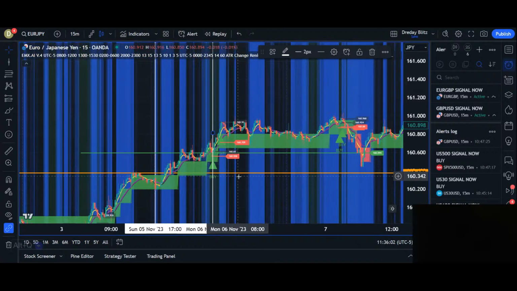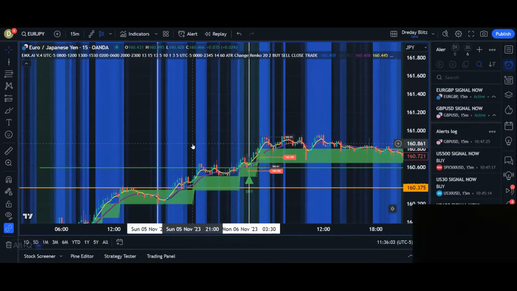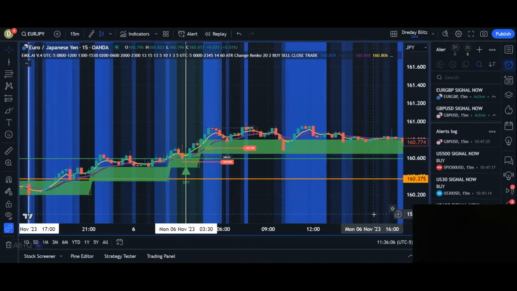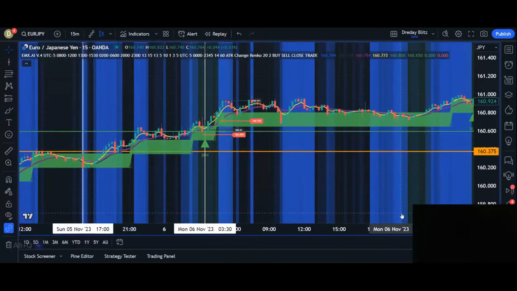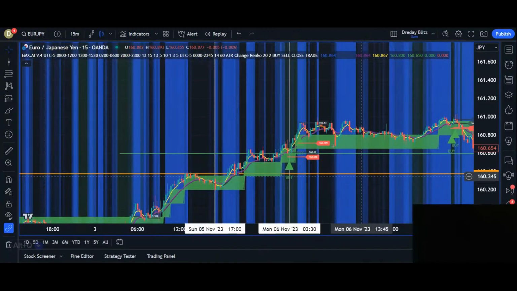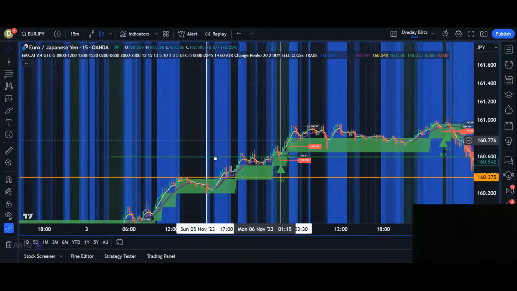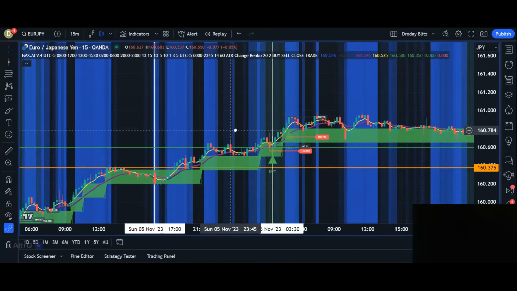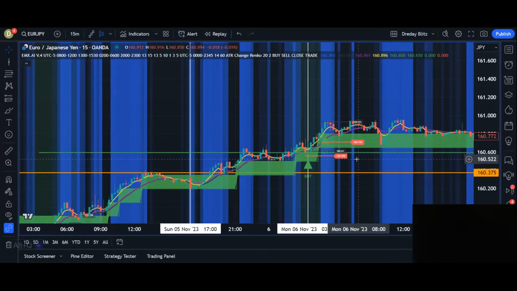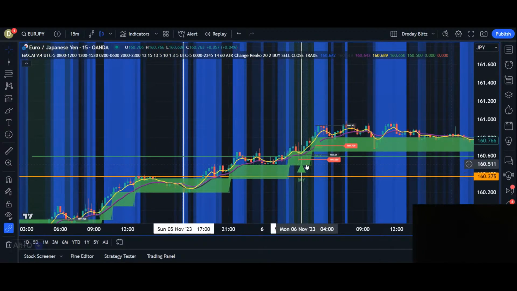Okay, let's zoom in and remove the signal there so we can have it in full. Perfect. So we had a buy. The buy was right here at 3:30.